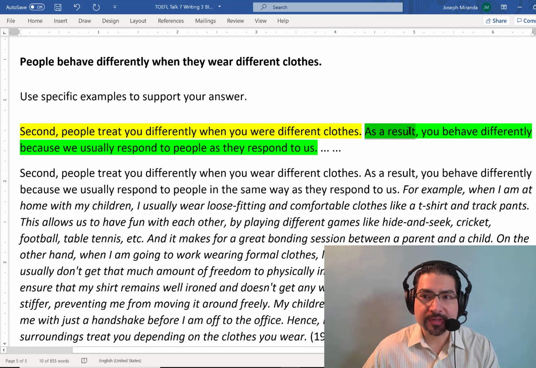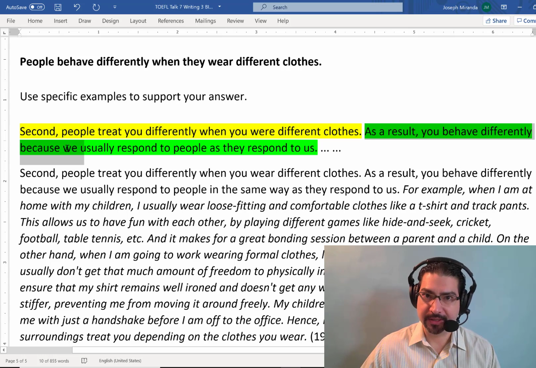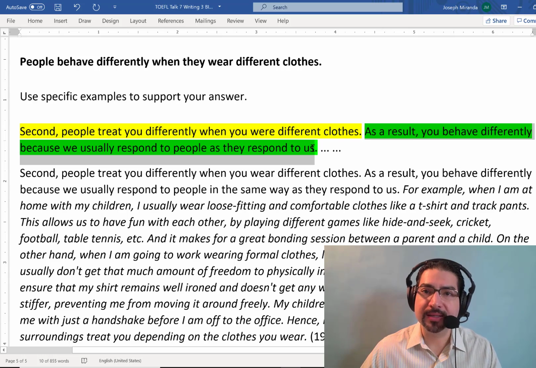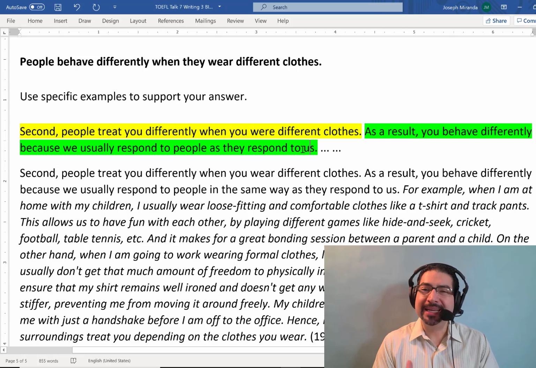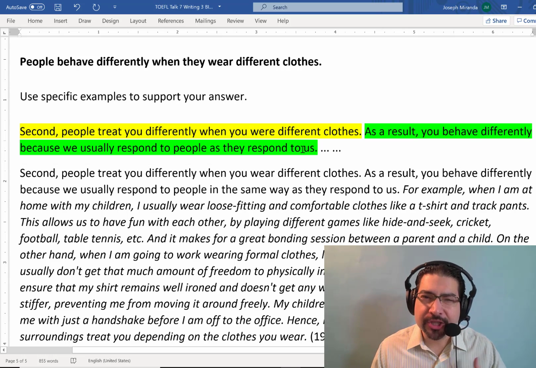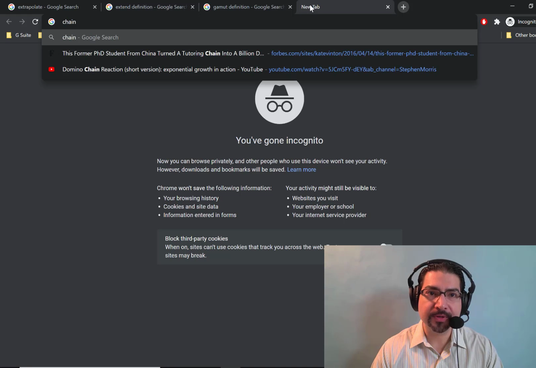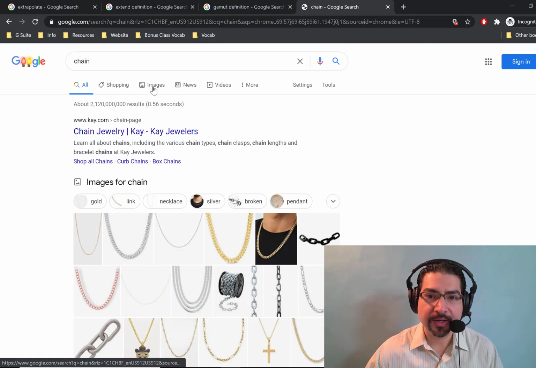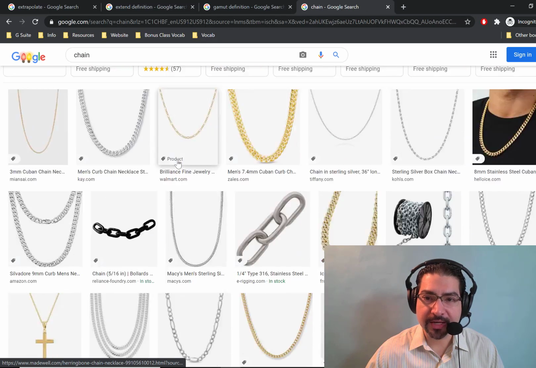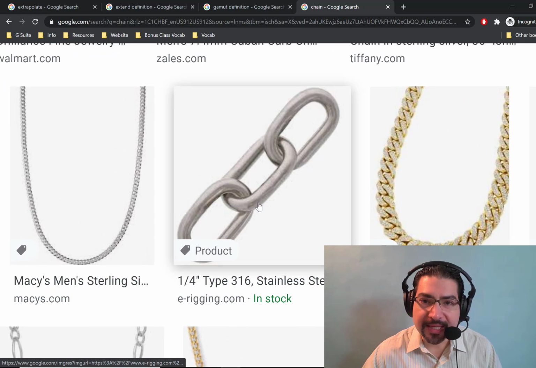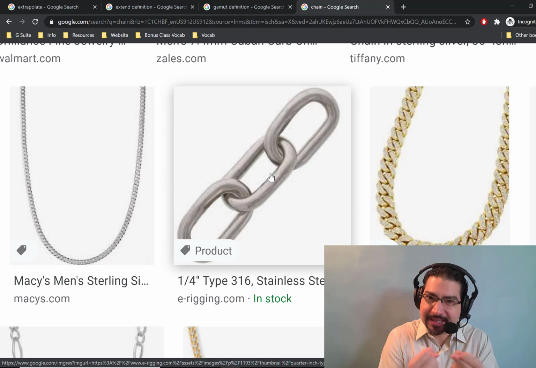As a result, you behave differently because we usually respond to people as they respond to us. So we're explaining a chain of logic, right? So if we go back to our screen and we go to chain, this is really important, right? A chain of logic. So this is a good one right here. So those three things need to exist together, right?